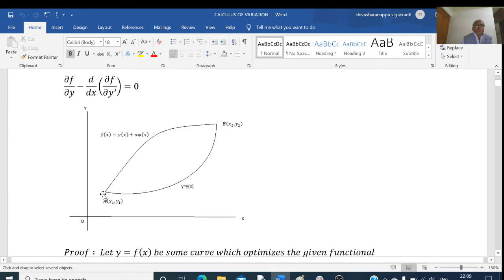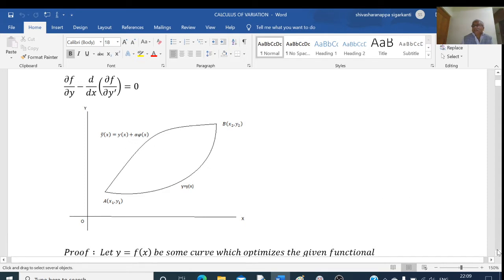So A and B are the initial and terminal points of these two curves, y equal to y of x and y bar of x equal to y of x plus alpha into eta of x. And y bar of x is equal to y of x when alpha is equal to 0.